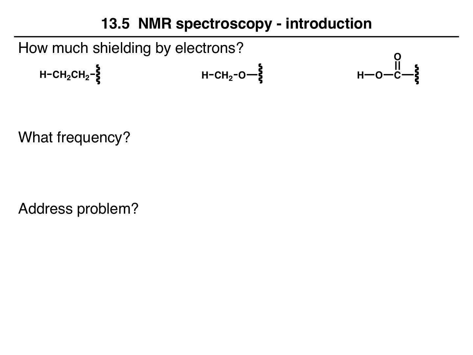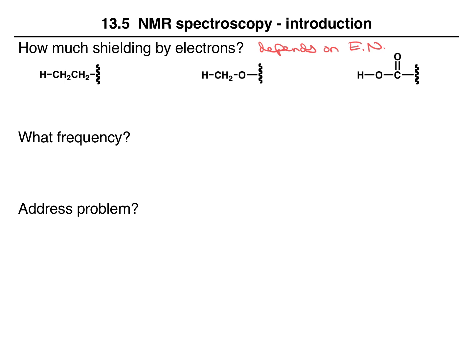So let's think of this from the perspective of the shielding by the electrons. How much do electrons shield the hydrogens? Well, it mostly depends on electronegativity. There are other factors, but electronegativity is going to cover a lot of what we're going to observe.